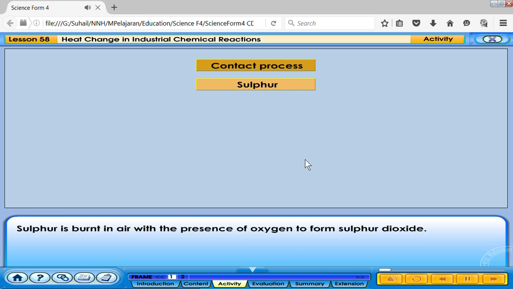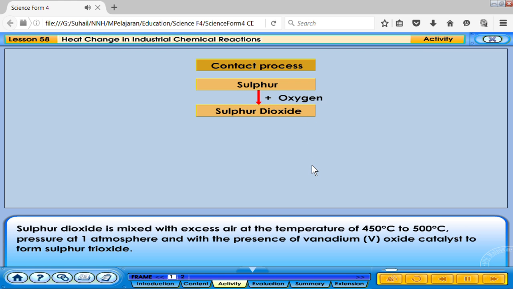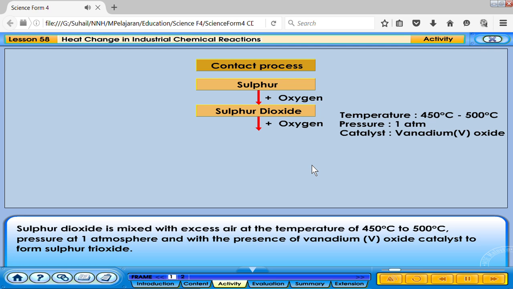Sulfur is burnt in air with the presence of oxygen to form sulfur dioxide. Sulfur dioxide is mixed with excess air at a temperature of 450 degrees Celsius to 500 degrees Celsius, pressure at 1 atmosphere, and with the presence of vanadium 5 oxide catalyst to form sulfur trioxide.